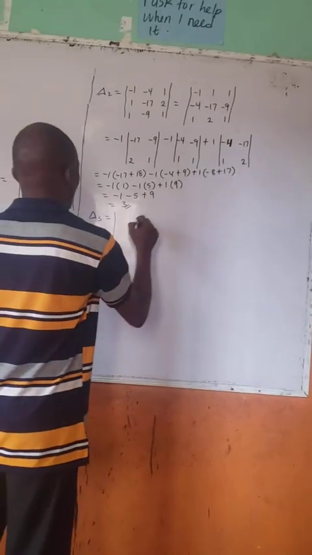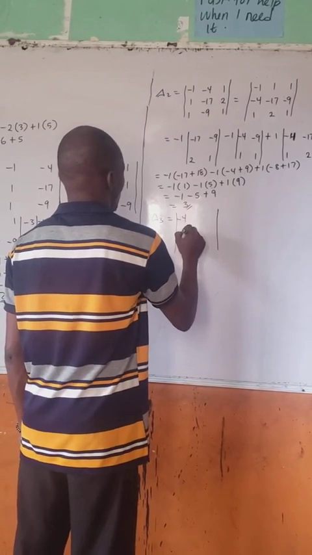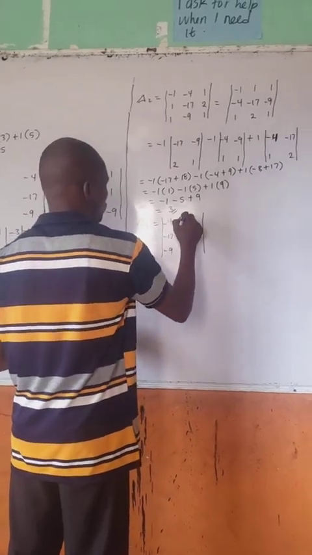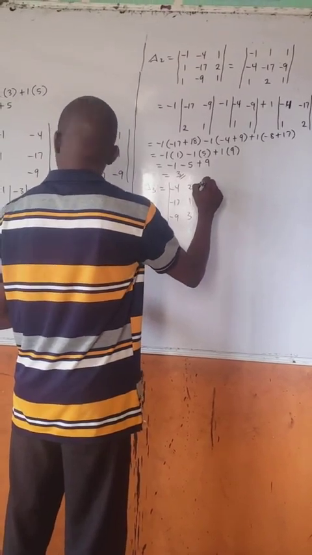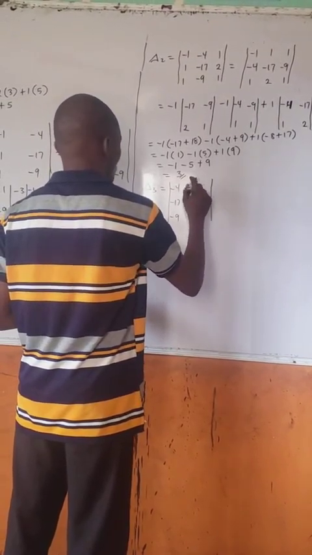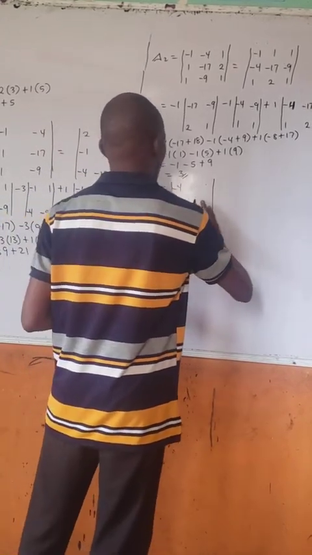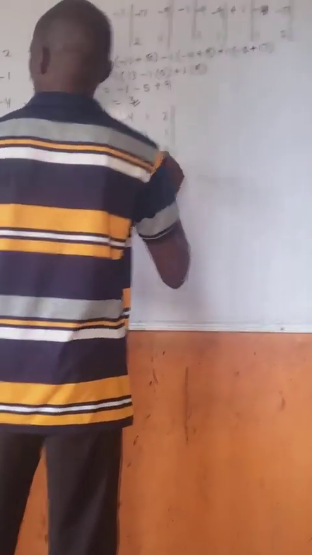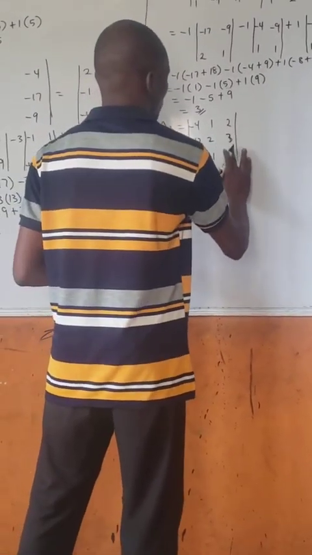So from here we have minus 4, minus 17, minus 9. We have 1, 2, 1. Then we have 2, 3, 1.